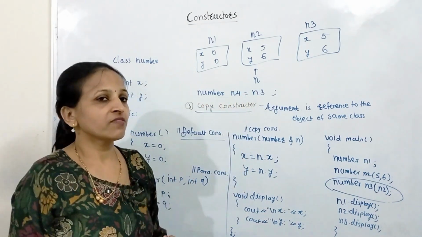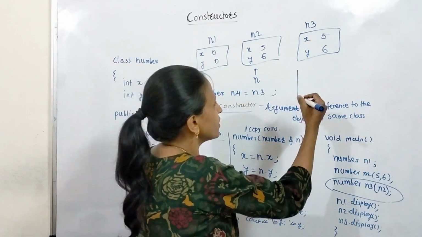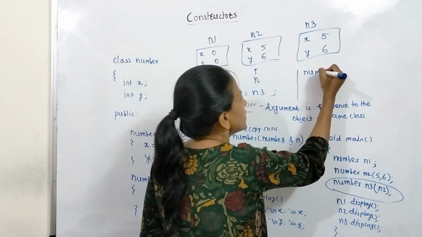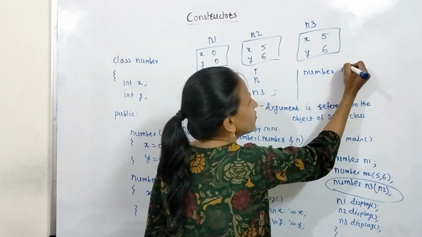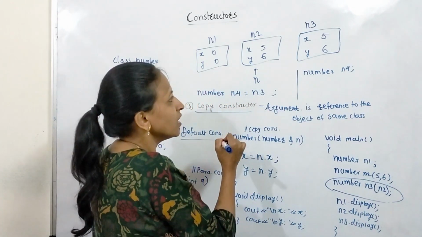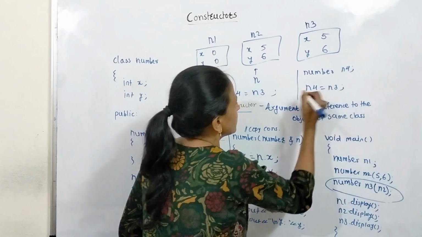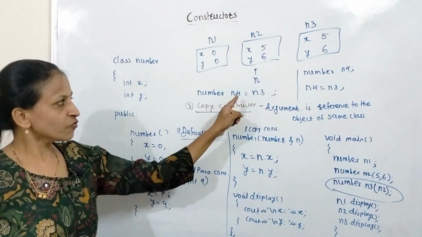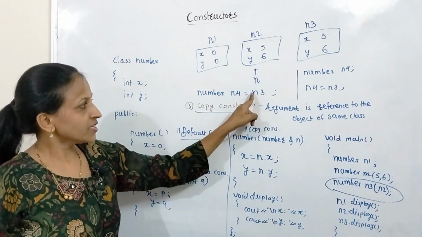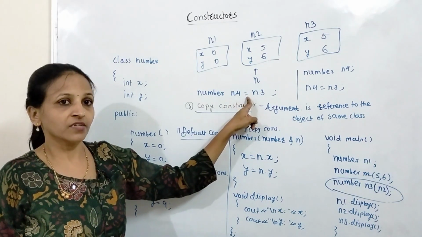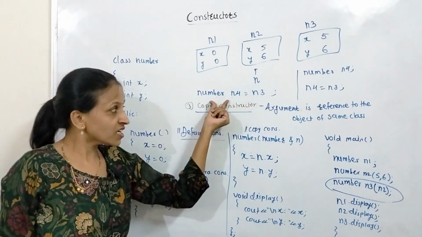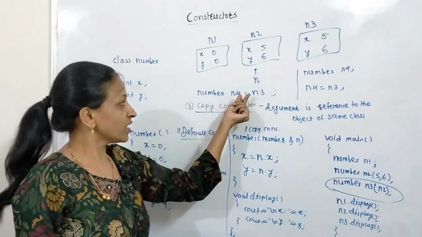Now one more point always keep in mind. Suppose I have written like this: I am creating object Number n4, and after creation of the object I am writing n4 is equal to n3. Now what is the difference? While creation of the object I am assigning n3 to that object, at the time of declaration only.